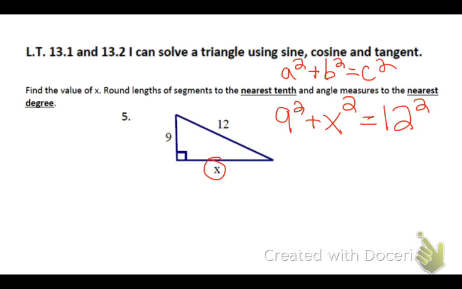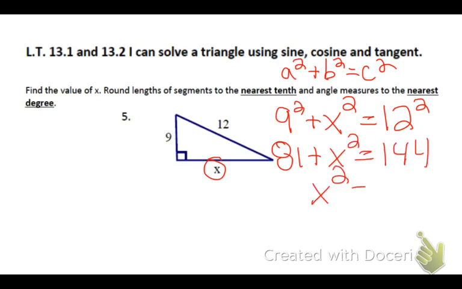Okay, so let's work it out. So we got 81 plus x squared equals 144. Then we're going to solve for x, so we're going to subtract 81. So 144 minus 81 equals 63.